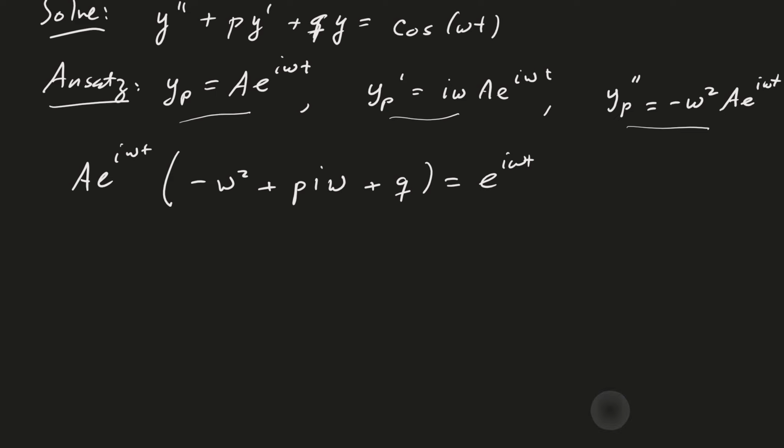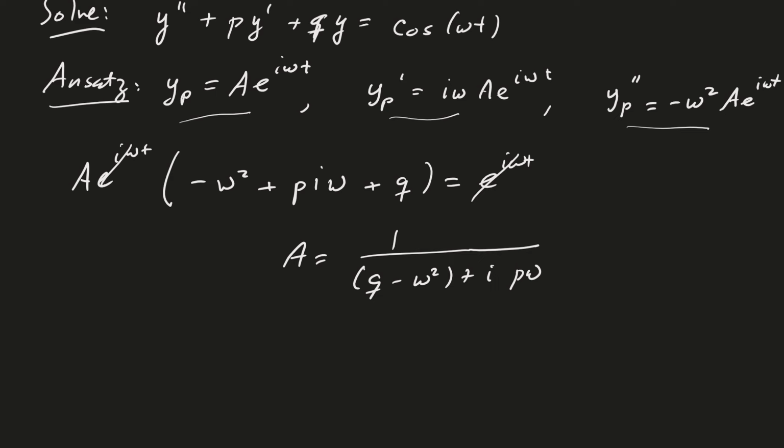And then we cancel the e to the i omega t's, and then we get a is equal to 1 over q minus omega squared plus i times p omega.